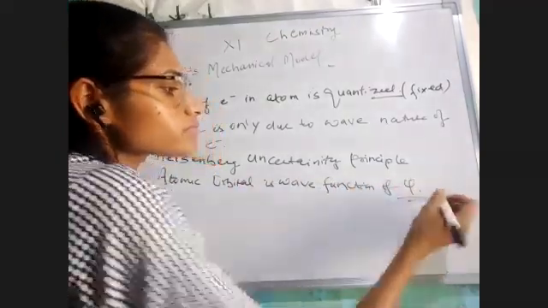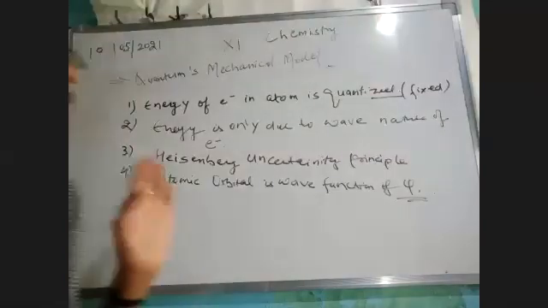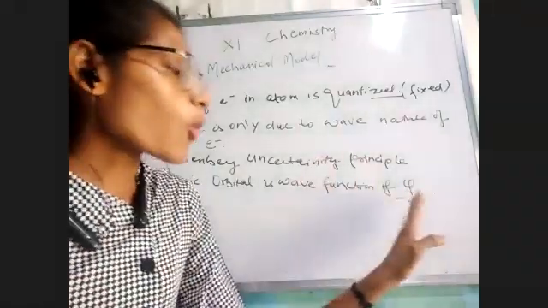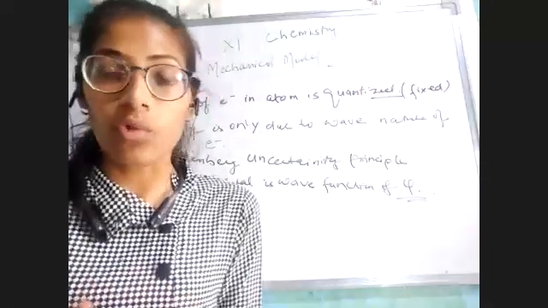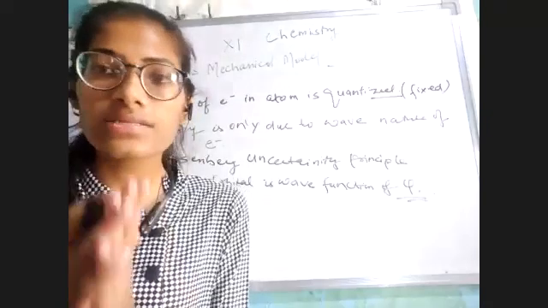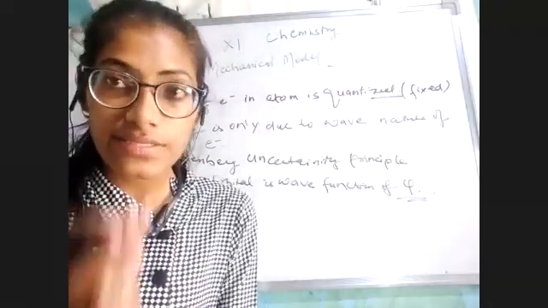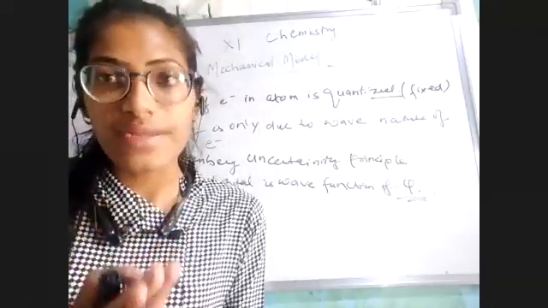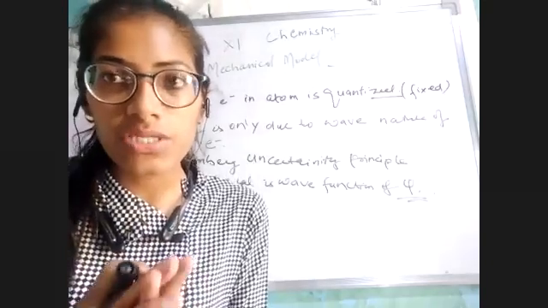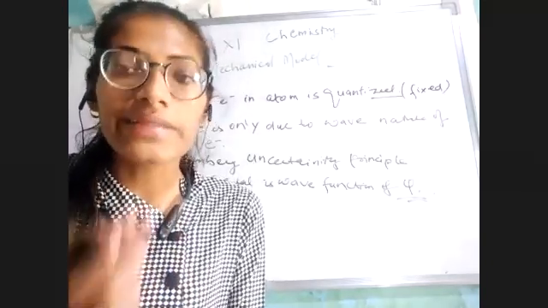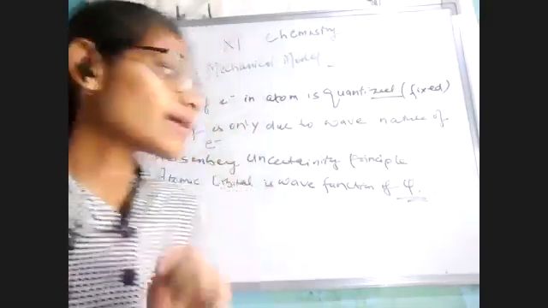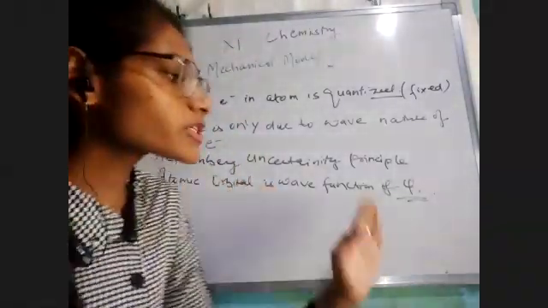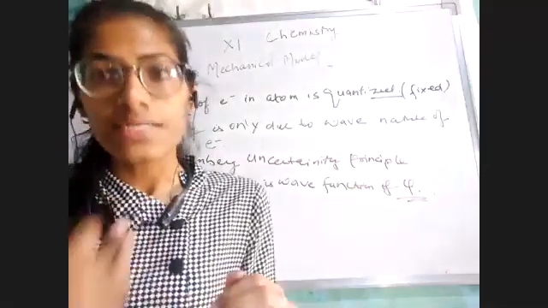So basically, only due to psi can we represent what is known as an atomic orbital. I have already told you that this psi has physical significance only in the mathematical derivation, just to represent that yes, we have this atomic orbital, and for this atomic orbital we have a wave function which is equal to psi.